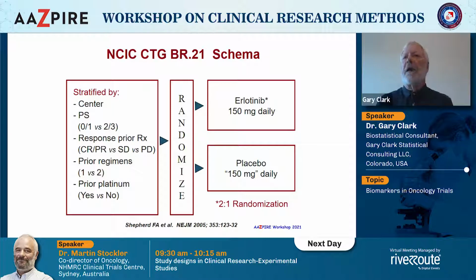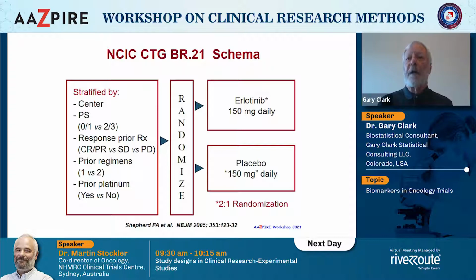Fortunately, at this time, there was another EGFR inhibitor called erlotinib, or Tarceva. This study was a phase 3 trial conducted by the National Cancer Institute of Canada Clinical Trials Group, known as BR21. All of these patients had non-small cell lung cancer.